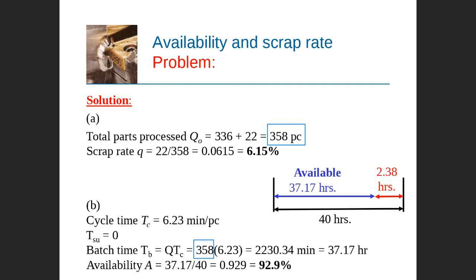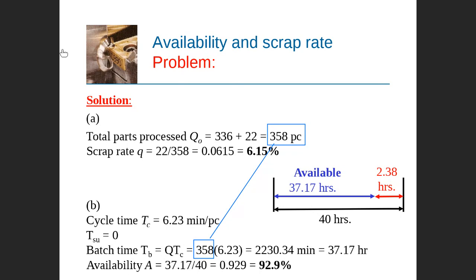Q here includes both good and defective parts. So Q, 358, multiplied by the cycle time TC, since TSU is 0, gives around 37.17 hours.